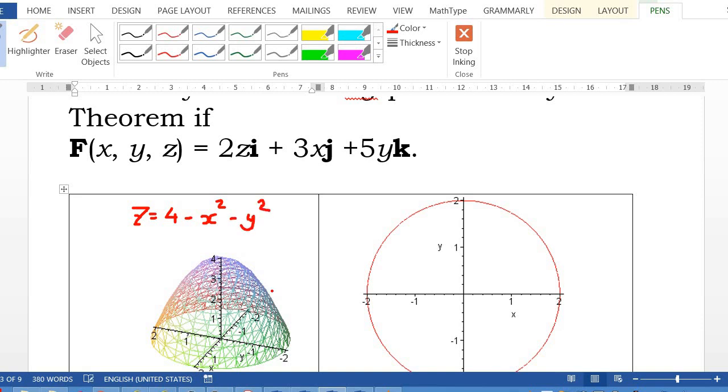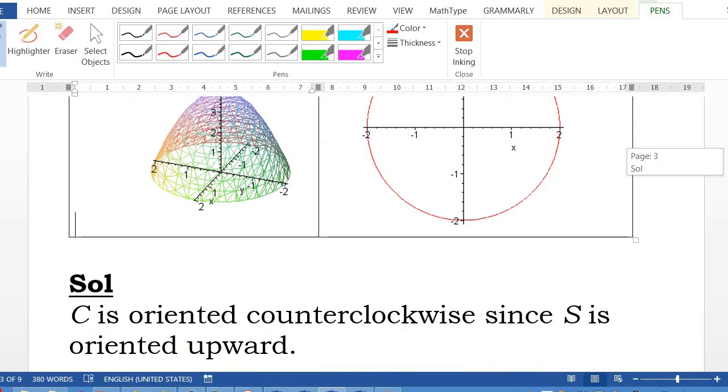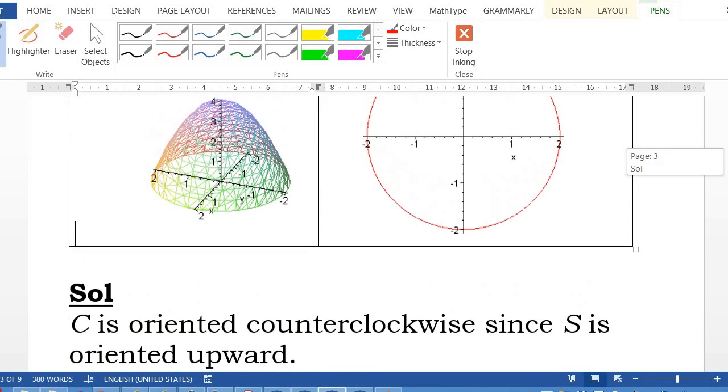The projection of this paraboloid happens when z equals 0. When z is 0, you plug it in and bring these two terms to the other side, and you get x squared plus y squared equals 4, which is a circle with radius 2 units.